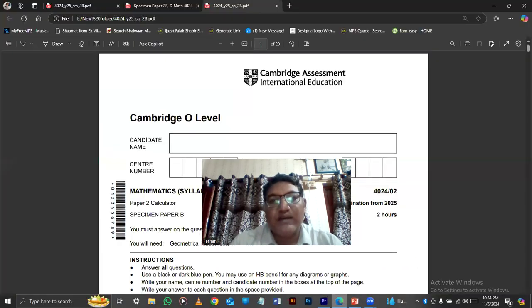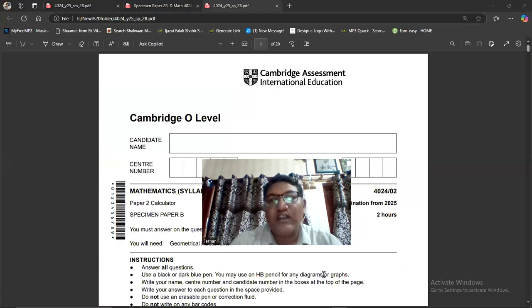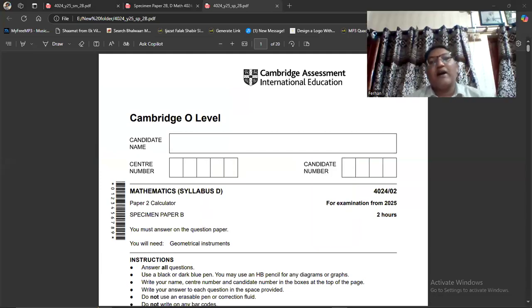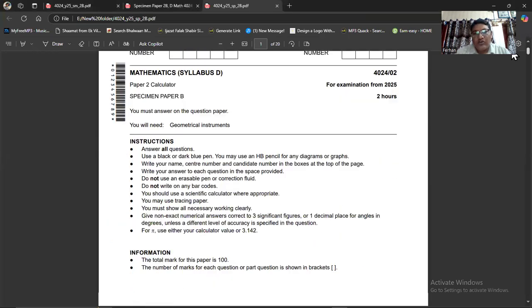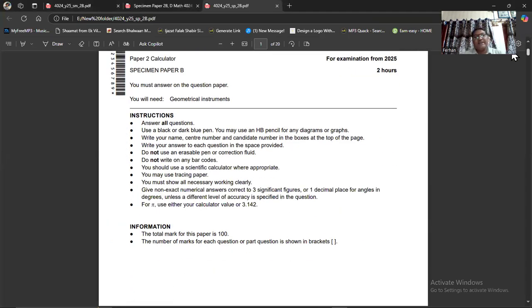So let's go to the paper. Here on your screen the paper is showing up. Specimen paper B, this is paper 2 actually, because they have issued a paper A and paper B. The important things about this are that the calculator is allowed, the total marks are 100, and the time is 2 hours.